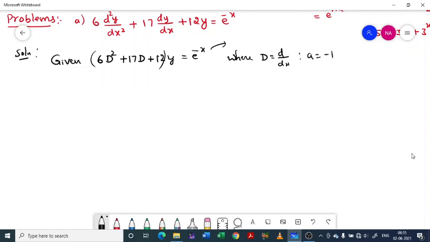This I have to compare with e power ax, right? So a is minus 1.